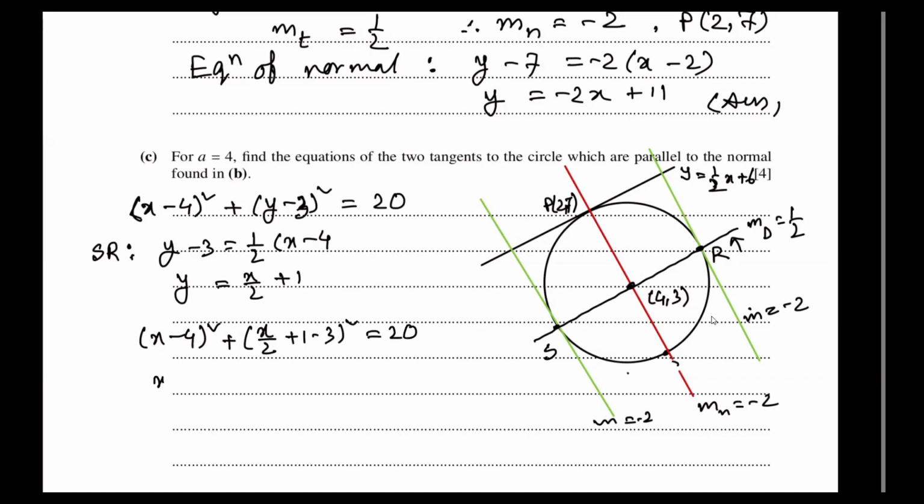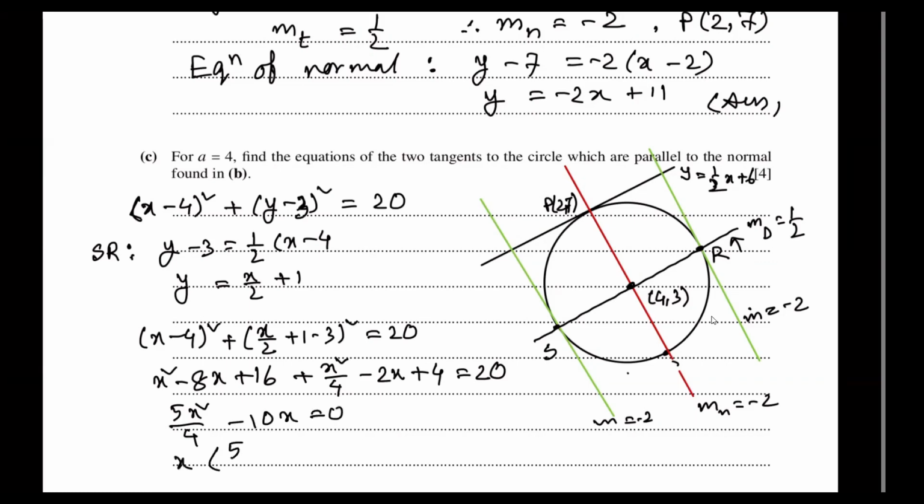Now, expand it. x square minus 8x plus 16, plus x square by 4 minus 2x plus 4 equals 20. So we have 5x squared by 4 minus 10x equals 0.